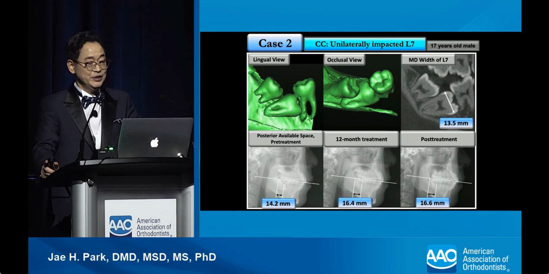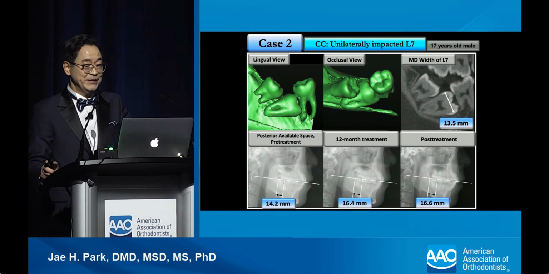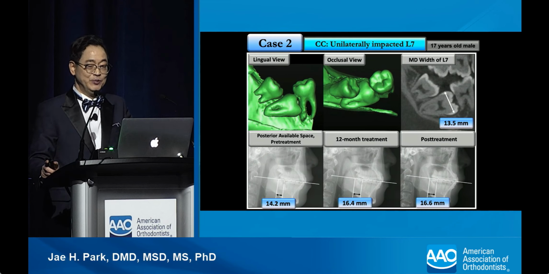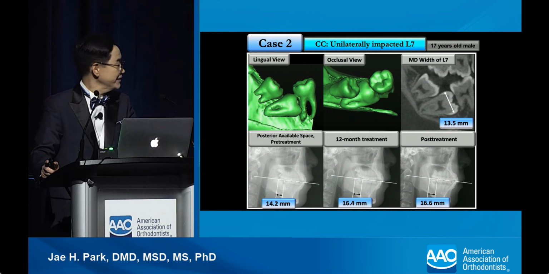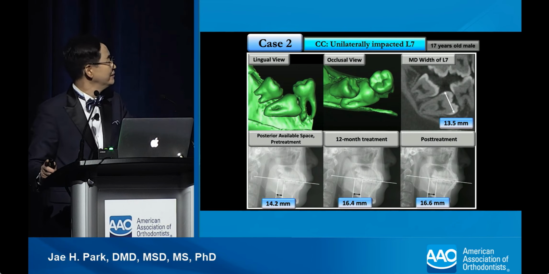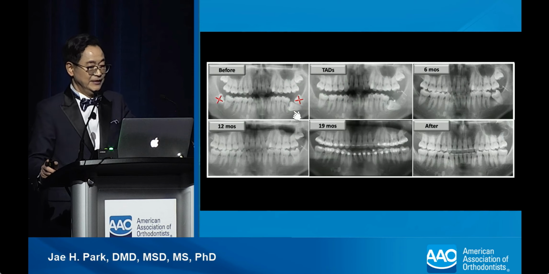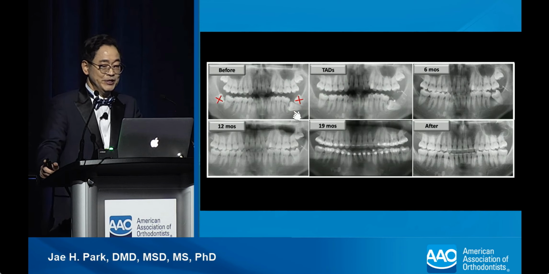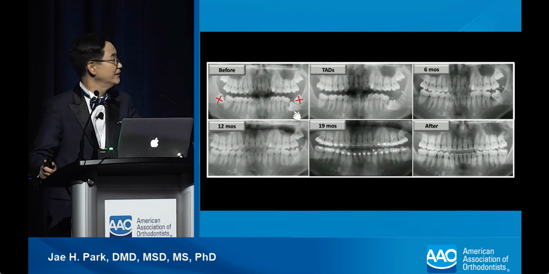The mesiodistal width of the lower 7 was narrower than the posterior alveolar space, PAS. You can see PAS changes during treatment. Lower 8s were extracted, and on the lower right corner, you can see after treatment.